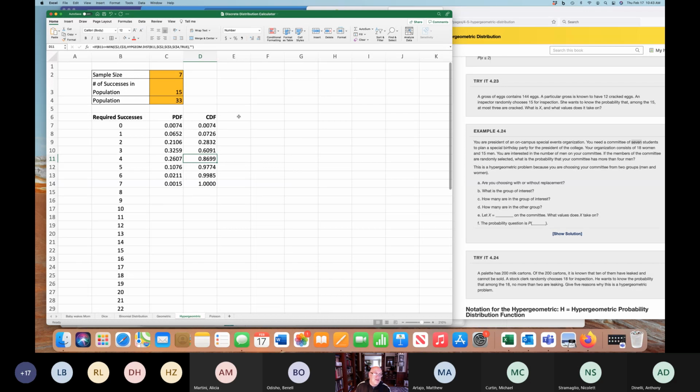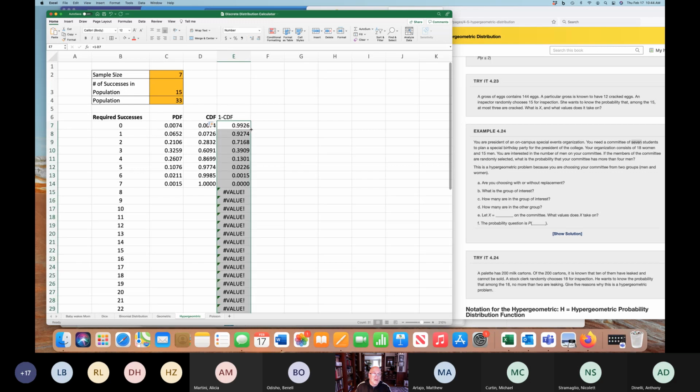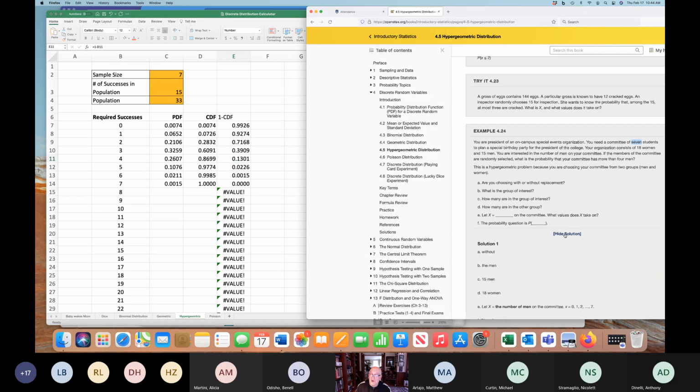If I wanted to, I could add a column for 1 minus CDF, and then I could really not have to do any calculations at all. It's going to be equal to 1 minus this. Here's 4. The complement of 4 is 13.01%.